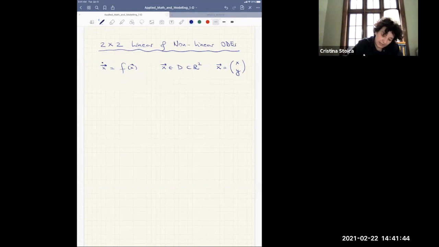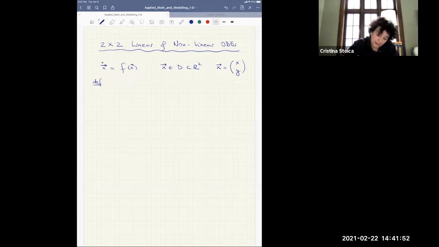Okay, so we're going to start with some definitions. The first thing we'll define is what an equilibrium is. A solution of (1) is an equilibrium if x of t is a constant for all t.